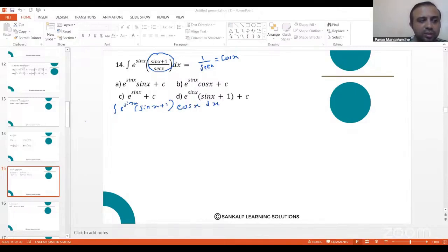Now, if you try to understand this, when we integrate e raised to sin x into sin x plus 1, where 1 upon sec x is cos x, you will get e raised to sin x into sin x plus 1 into cos x dx.